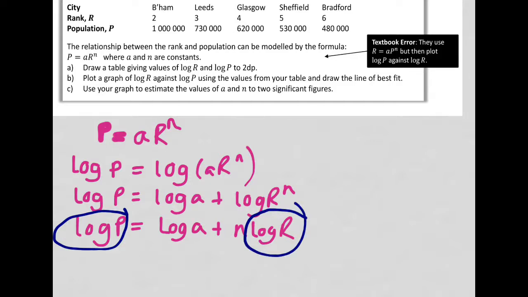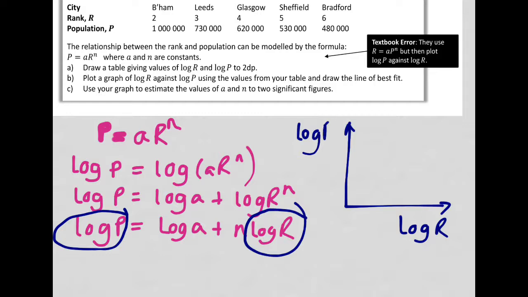So when I'm actually going to draw my graph, this graph will have along the bottom log R, and this would be log P. And the reason I know that is I'm going to compare this to y equals mx plus c, and this here is my y, and this here is my x.